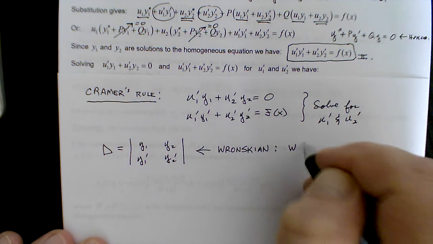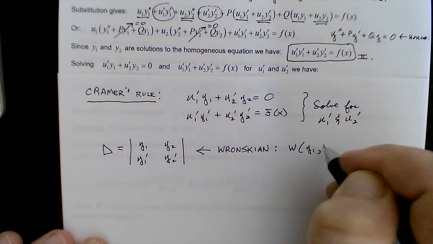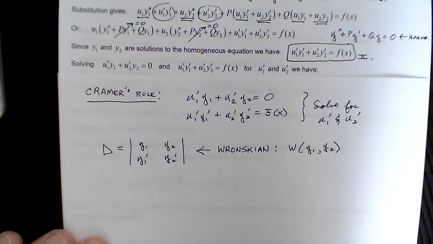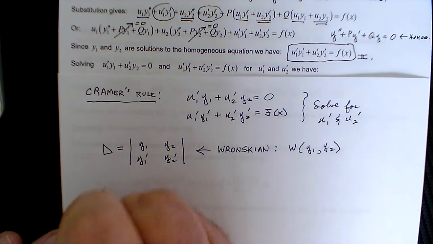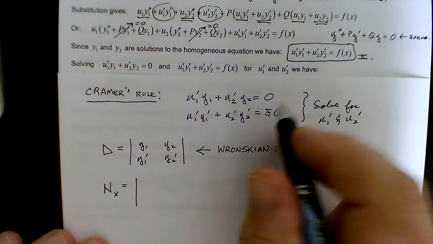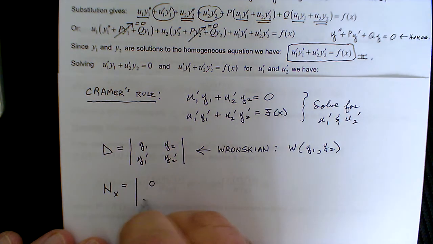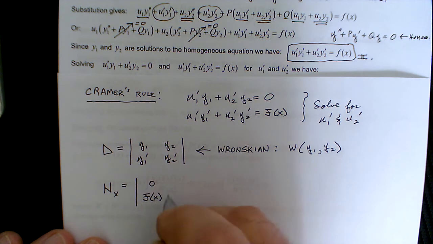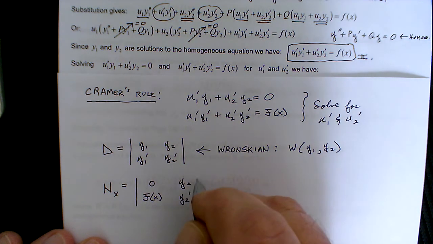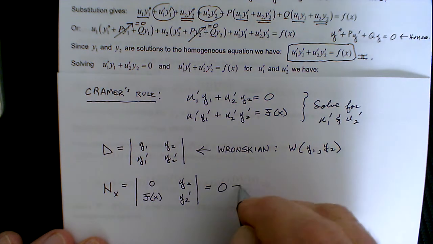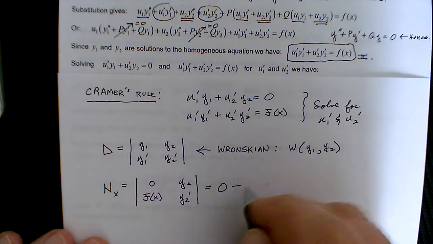of y1 and y2. So that's interesting. And then if you want the numerator of x, remember we replace the x column by the solutions. So 0, f of x, and we leave the y's, y2, y2 prime. And so this gives us 0 minus f of x times y2.